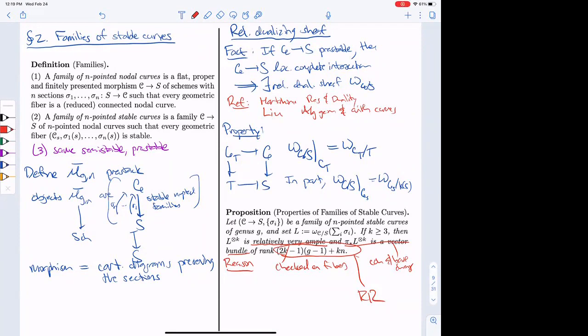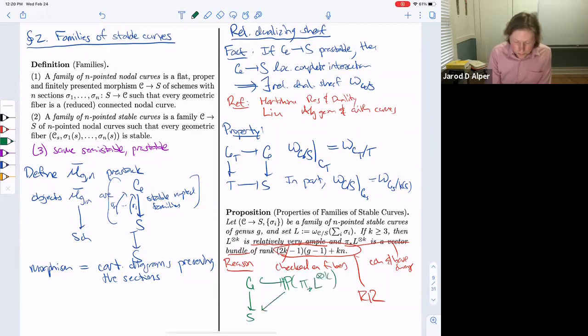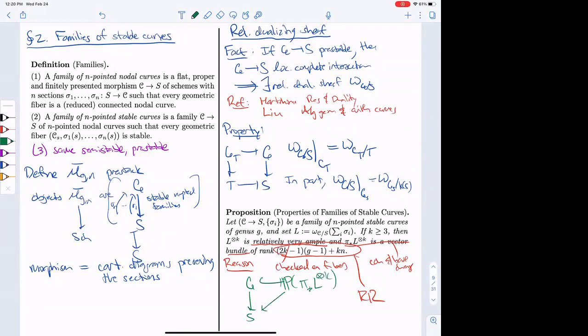Are you saying it works the same as with smooth curves? If you have your curve C over a base, you do this construction, and it embeds into the projectivization of the pushforward of this line bundle twisted by k. Yes, and my question is, how is the map from C to P defined?